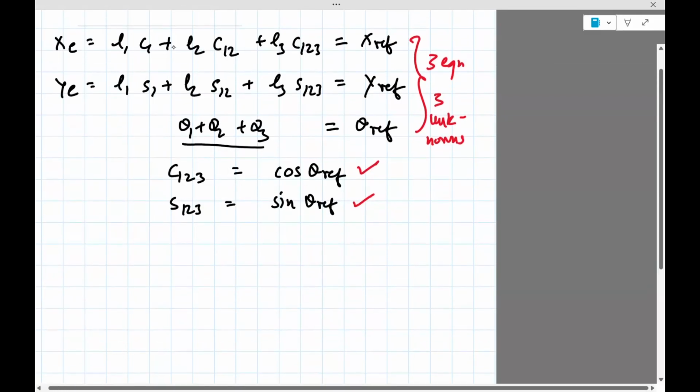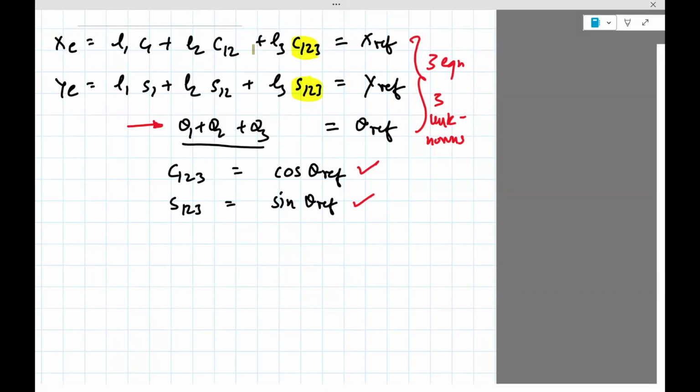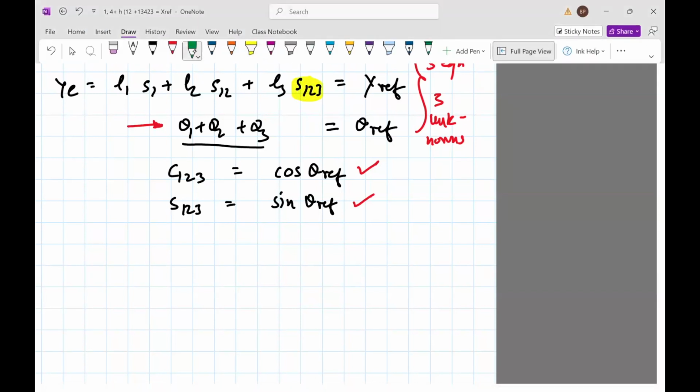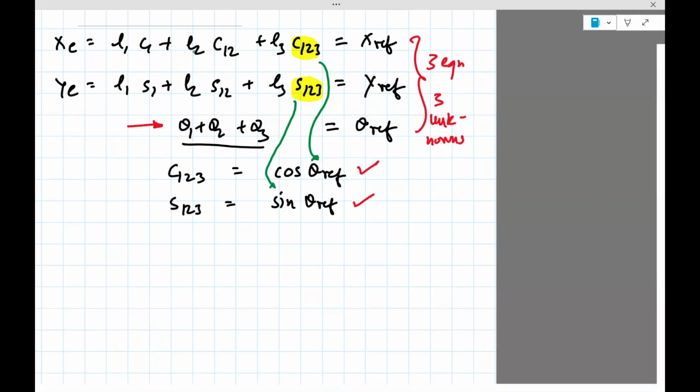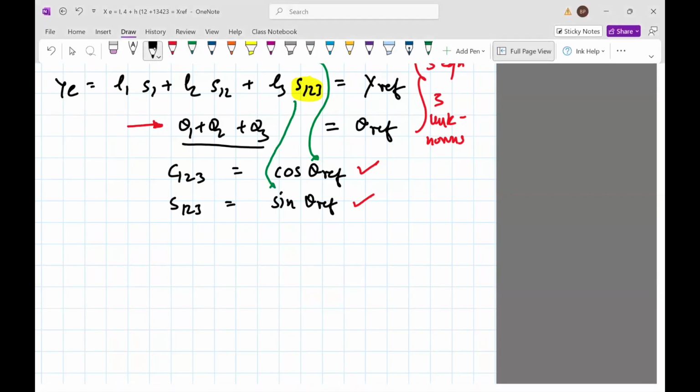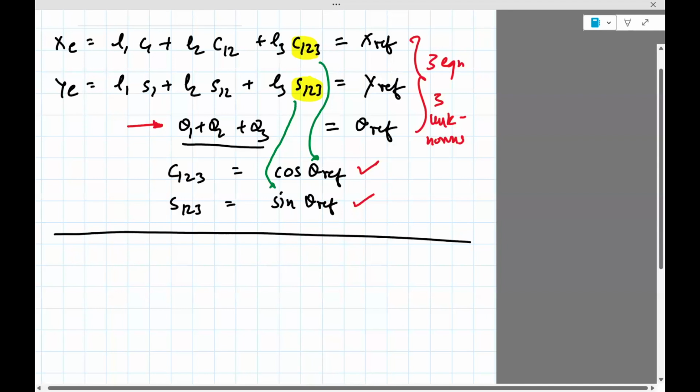So what we can do is we have essentially eliminated this equation. This equation has been used. So we can figure out this value is a constant and this value is a constant. So I'm going to rewrite the equations now. I've eliminated one of the unknowns.